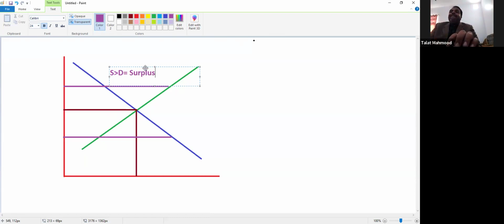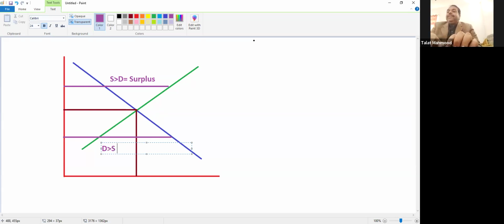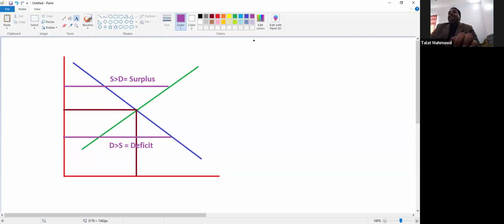And here demand is greater than supply, which makes a deficit. We will be studying it in our macroeconomic problems as well.